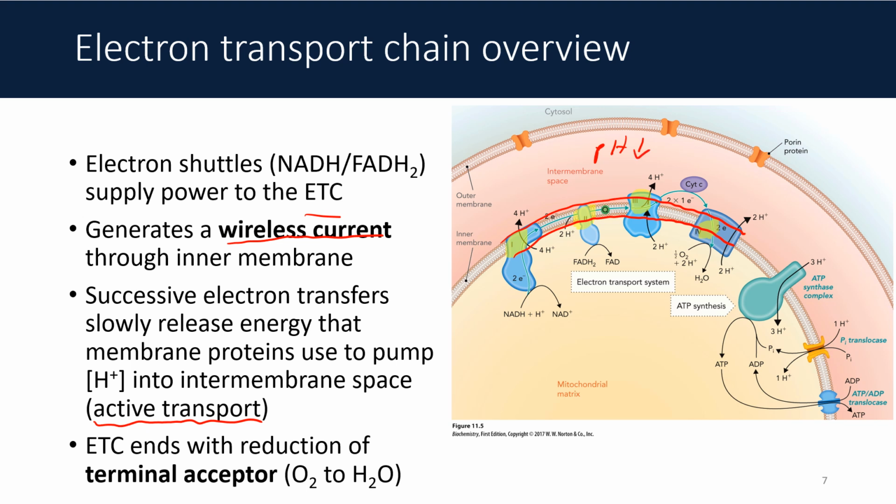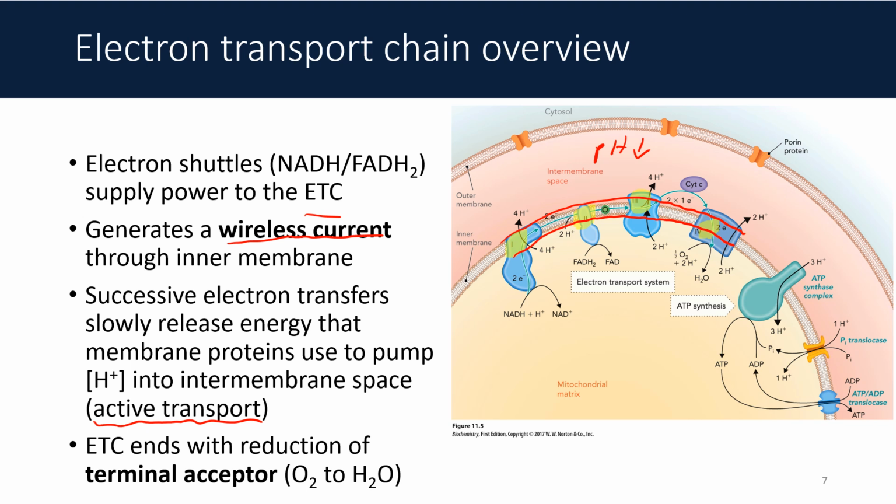That's nice and all, but where do these electrons eventually go? After running this circuit through the inner membrane, electrons need to be eventually removed from the ETC by reducing a terminal acceptor molecule that then diffuses away.